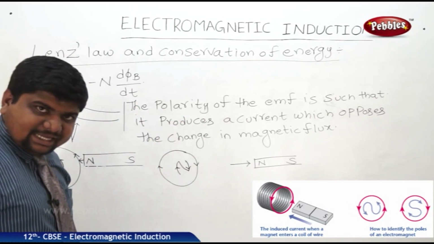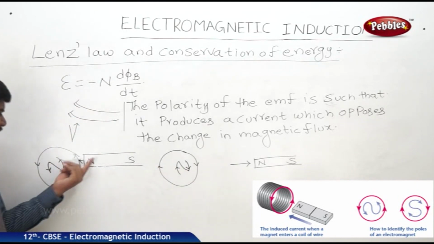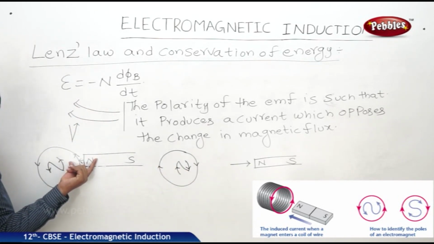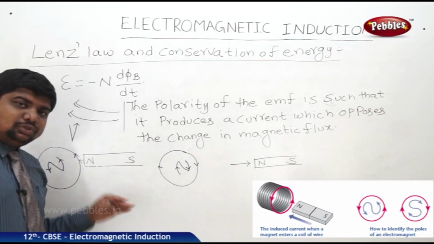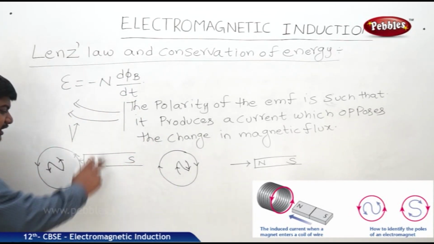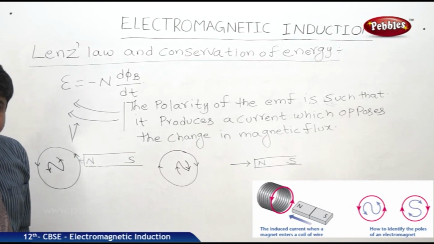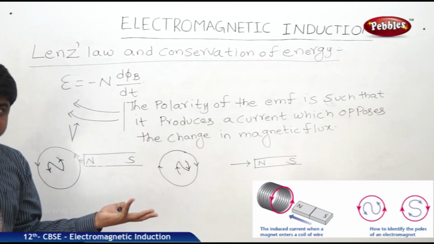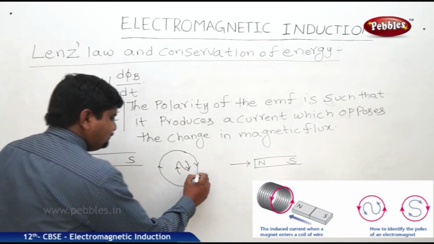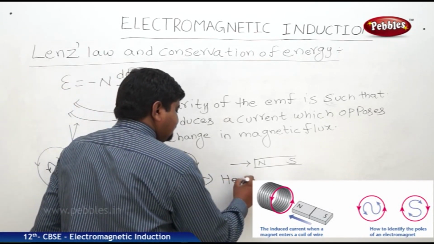Whatever may be the case, both are under the force of repulsion because of the equally magnetized elements. If the force between them is repulsion, a person should do work to overcome the force of repulsion. Where does the energy which is used to do the work go? That energy will dissipate in the form of heat inside the coil.